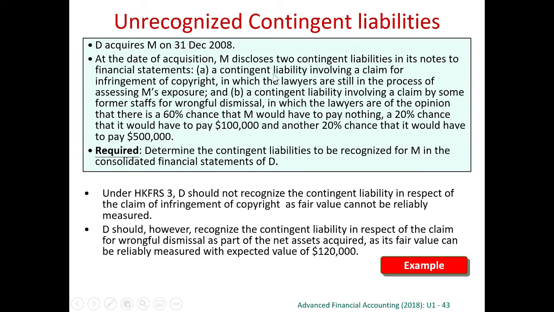You can find it from the notes to the financial statements or even from the minutes that there may be some contingent liability. Once you can find the fair value, you will capitalize. So for case A, you cannot find the fair value, we don't capitalize. For case B, you find the fair value, so you may capitalize it at fair value at the day of acquisition.